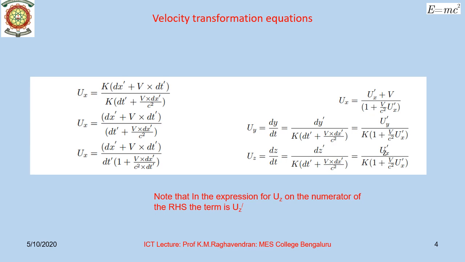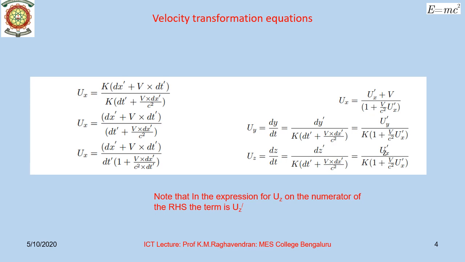Now, if we divide the numerator and denominator by dt', we can solve for ux as ux = (dx'/dt' + v) / (1 + (v/c²)dx'/dt'), where dx'/dt' is nothing but ux'. Hence, we get ux = (ux' + v) / (1 + (v/c²)ux').